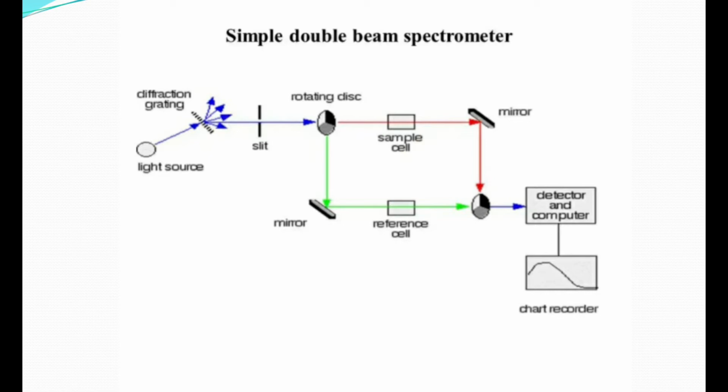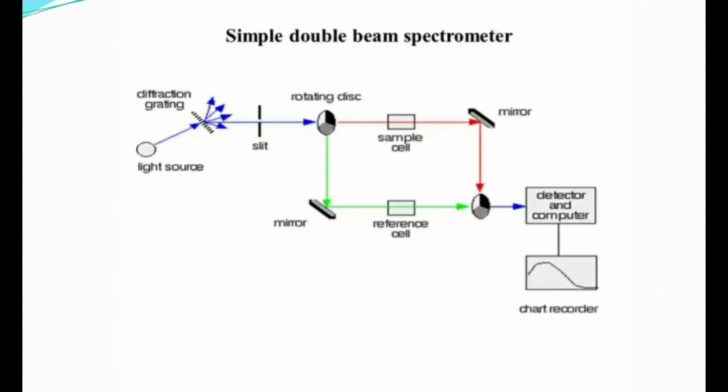The light source generally uses a sodium lamp or deuterium lamp for UV and tungsten for visible. Slit: these slits narrow the flow of the light. Rotating discs: there are two rotating discs in the double beam spectrophotometer.